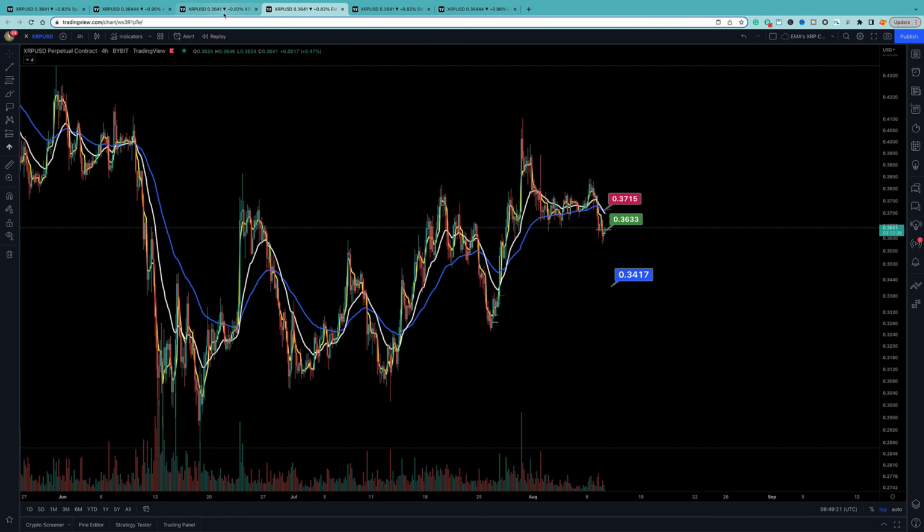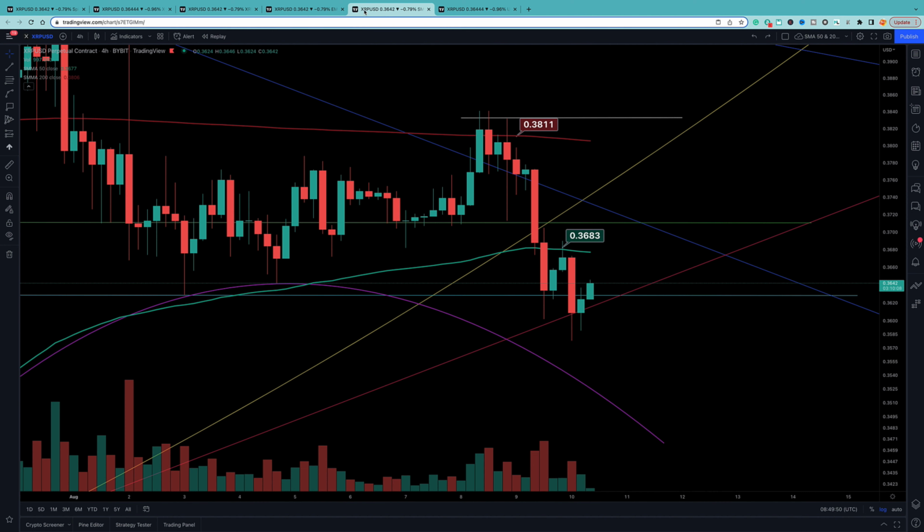Possibly on the daily the 55 broke, the 20 EMA broke, but maybe the 50 MA won't break. So that's what I'm watching out for. Some YouTube guys that I trust are calling for a down. They're suggesting that most likely it's going to head down and go beyond that. So I'm still very open to whatever direction it's going to go. Whatever way it goes, I'll go with it.